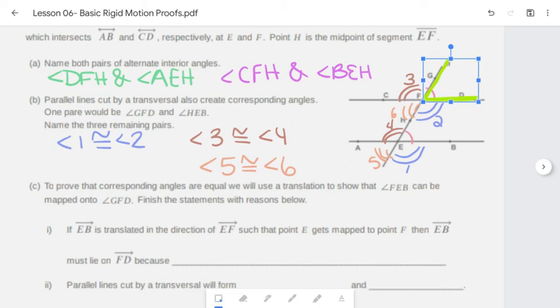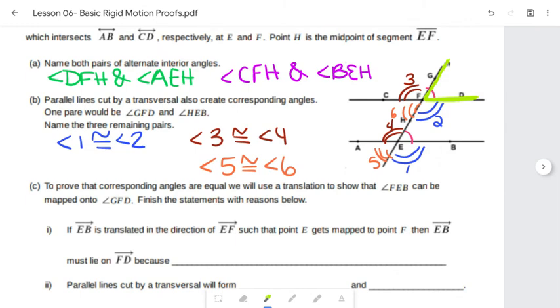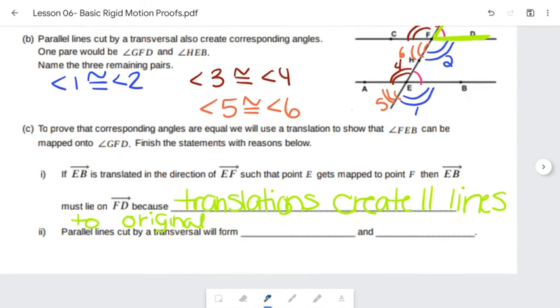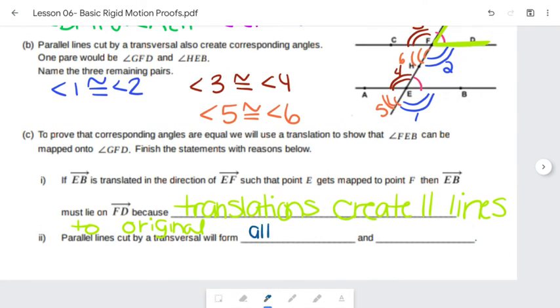We know that translations have a special property that only the translation has among rigid motions. Translations create lines parallel to the original. And anytime we have parallel lines that are cut by a transversal, we're always going to form alternate interior angles.